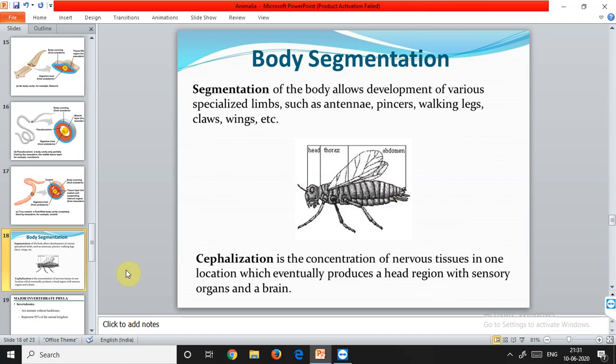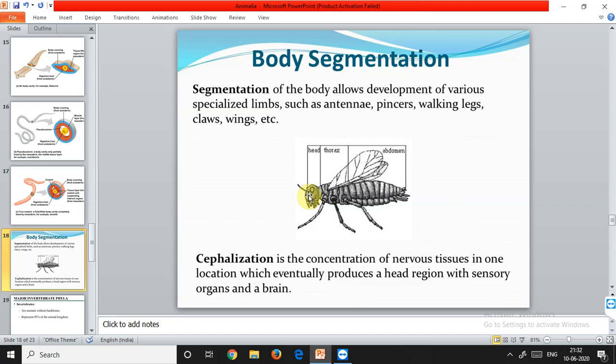Now, what is cephalization? It is the specialization of the anterior end to form the head. So the word cephalization is used for the formation of the head, the most anterior part of the segments. They form some specialized tissues and structures, and they completely develop into a head. This is called cephalization.